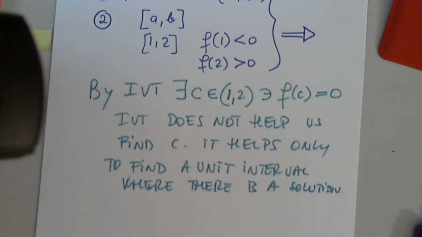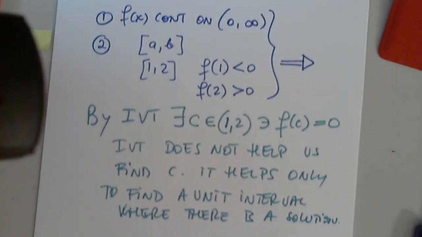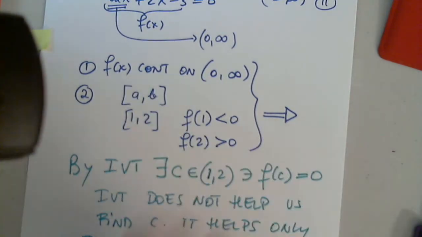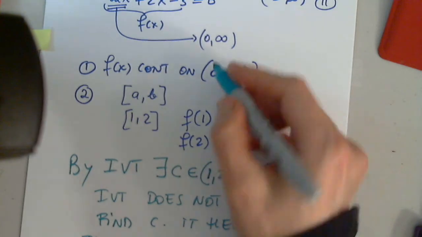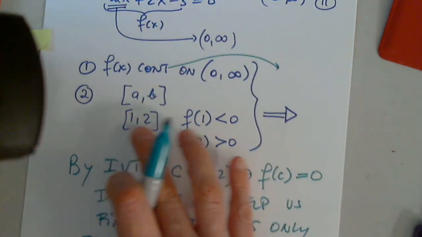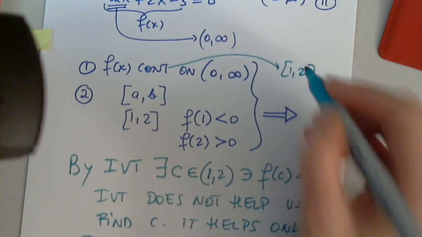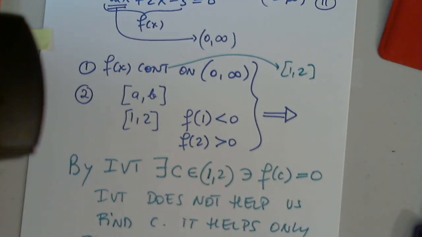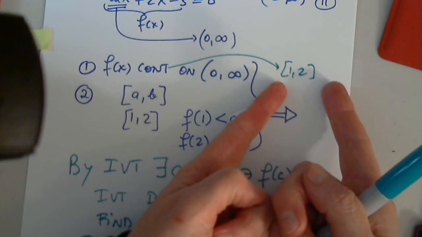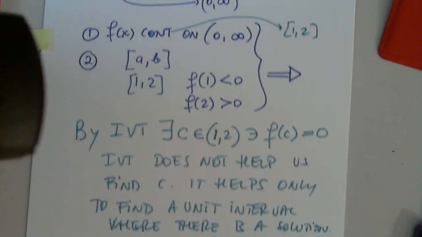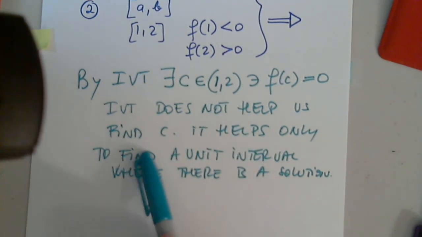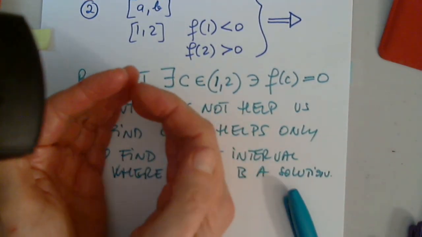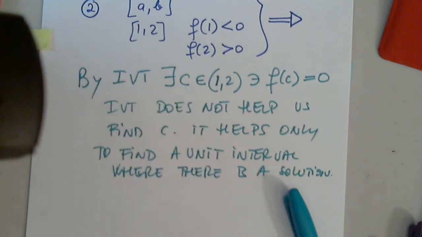But this is extremely helpful. So now I have to come back and say here that f of x is continuous, obviously here, but what I really need is the interval 1, 2, the interval that I just determined. This is more than that, but I only need 1, 2 because that's where the discussion happens. So IVT gives us an interval. It tells us the solution must be here, but it doesn't tell us which one.